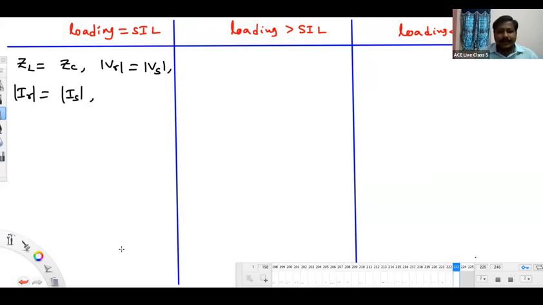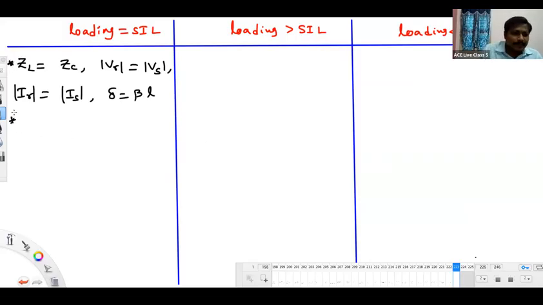So what's the angular difference between the sending end and receiving end voltages? Delta, that is equal to beta L. Already we have discussed, right? These are some points we have for the condition of loading equals to SIL.